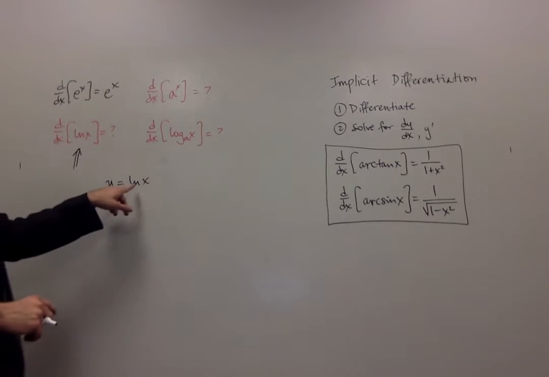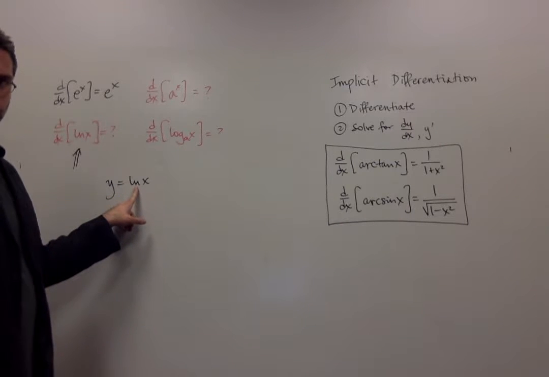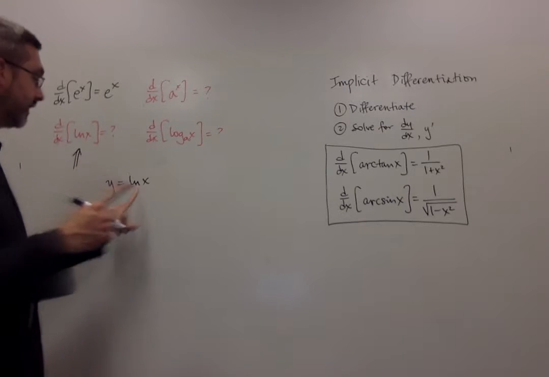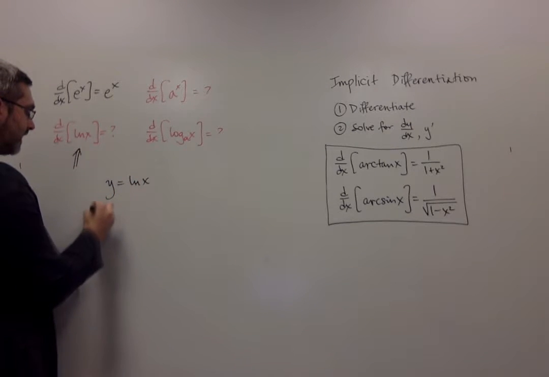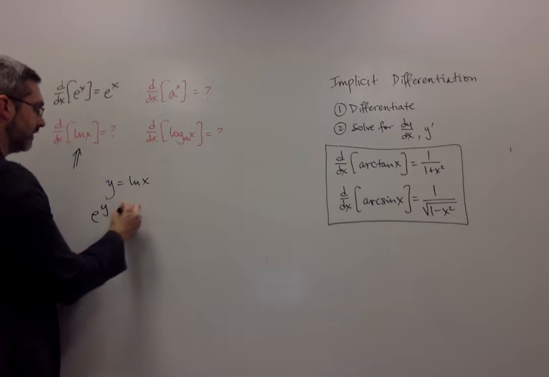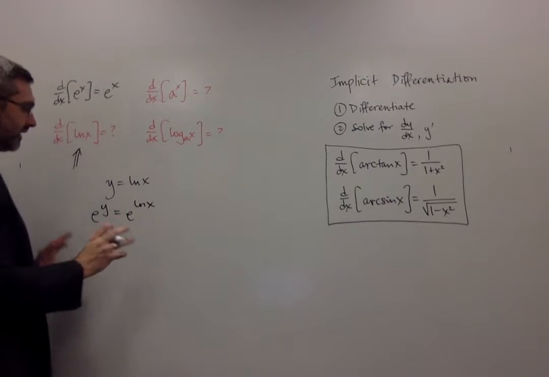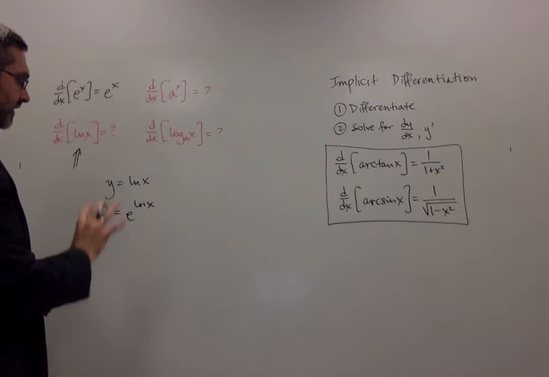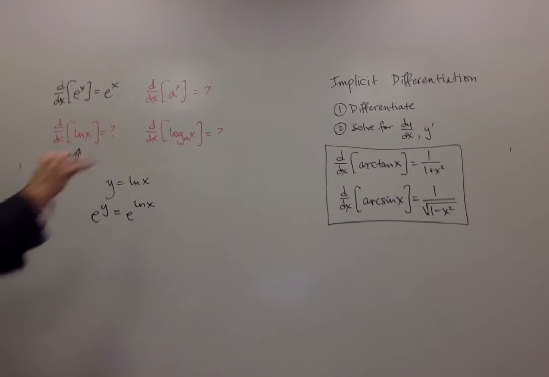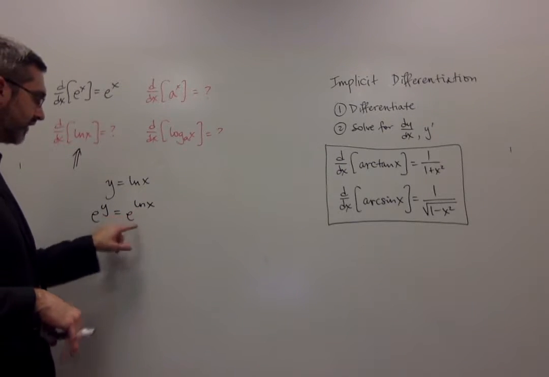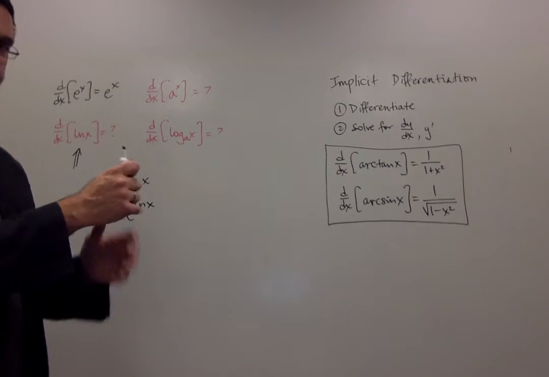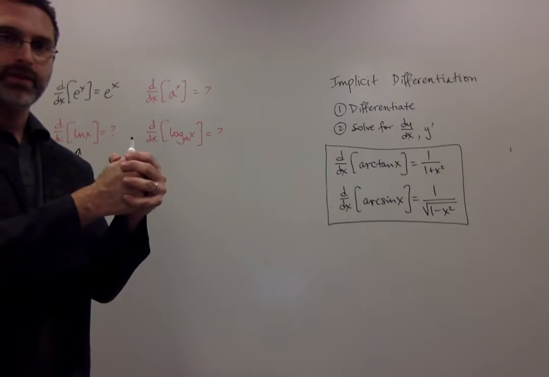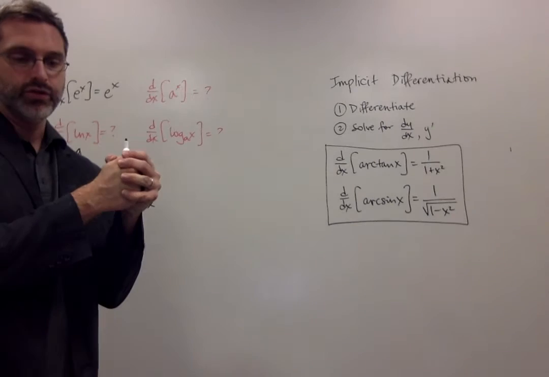Okay, so the inverse of natural log is e to the x. So what I'm going to do is apply e to the x to both sides. I'm going to take e to the left side and e to the right side. And these two functions are created, if I have x and I apply natural log and then I apply e, to undo one another.